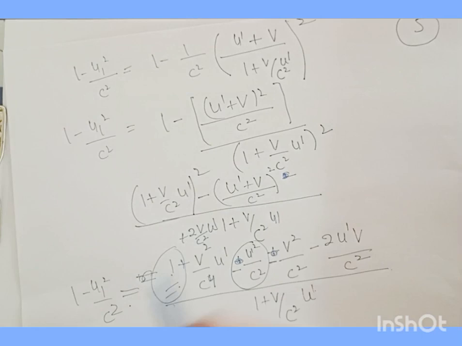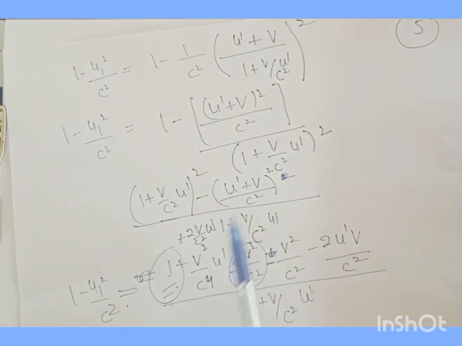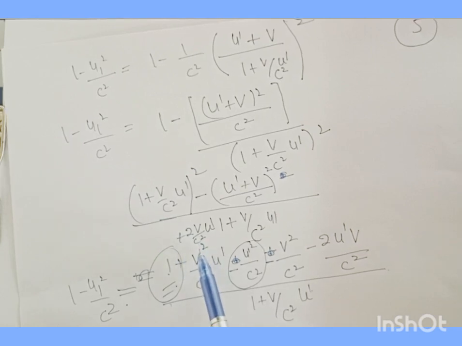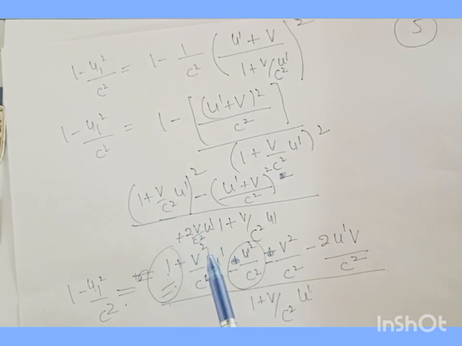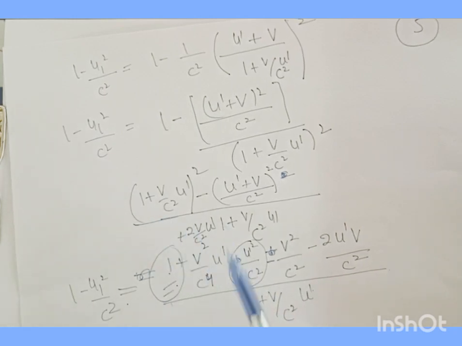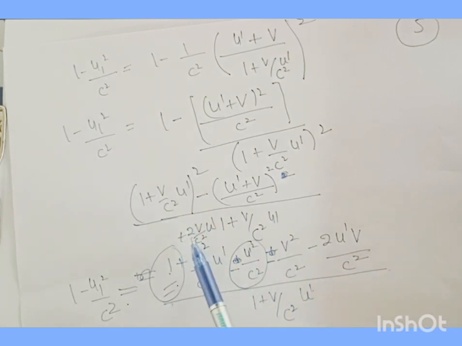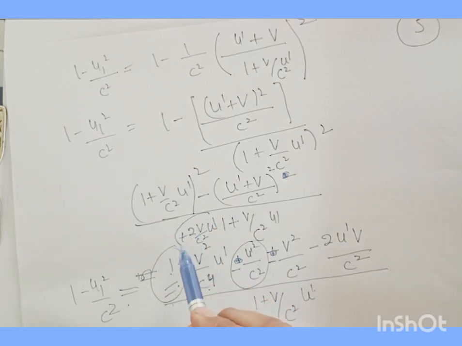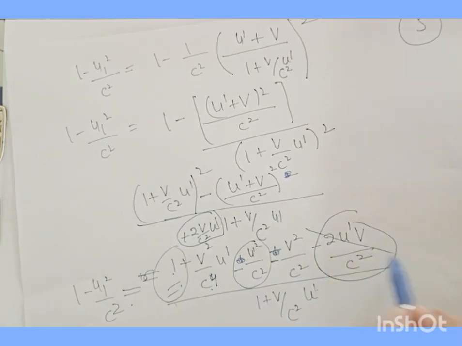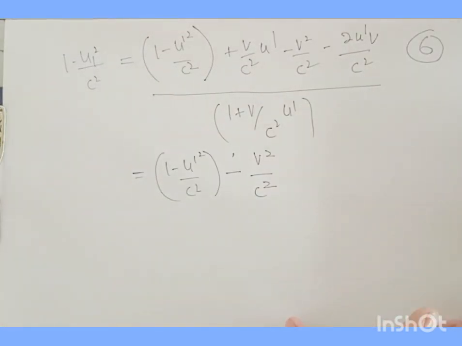I have done it wrong. So this thing is going to cancel over here. So what I have, plus 2v by c square, is coming out to be a square plus b square and plus 2ab, that's 2v u dash by c square. And we can see that this 2v u dash by c square, this is plus and this is minus. These two terms are going to cancel. I have done it wrong. I'll have to change the page.